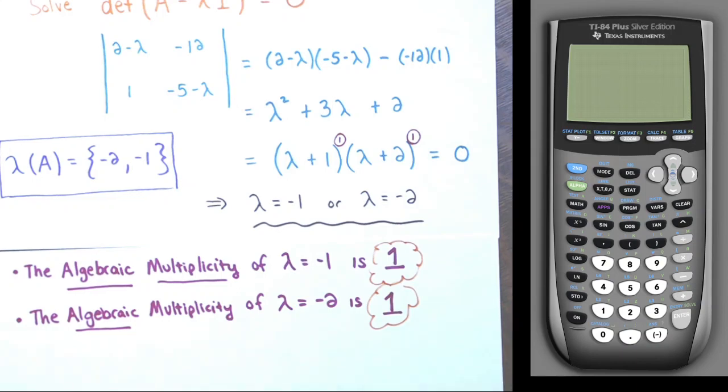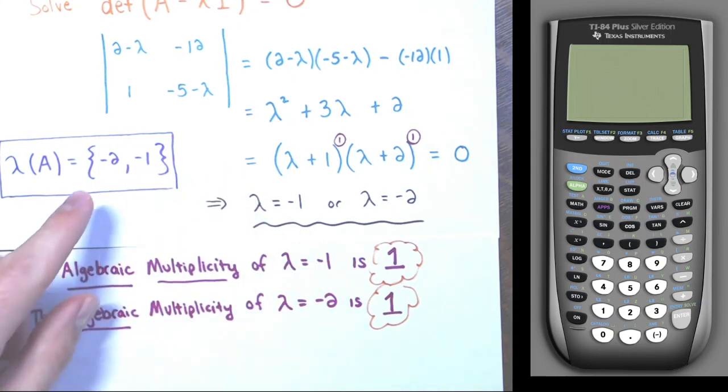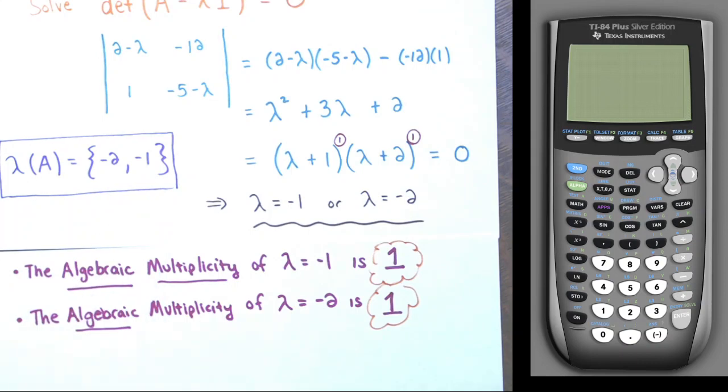Great. So now after finding the eigenvalues and their corresponding algebraic multiplicities, next I can go into finding the eigenvectors that correspond to these two eigenvalues and then their eigenspaces. Because remember, the eigenspaces are just the eigenvectors with the zero vector, so just every solution to A minus lambda I times x equals 0.